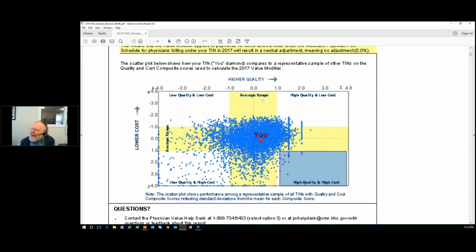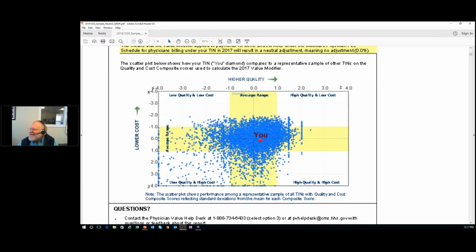Then remembering that quality tiering is pass-fail on two parameters. It's pass-fail on quality, it's pass-fail on cost, and your ultimate adjustment on the two factors is the addition of the two. In this case, looks like we're in the plus or minus 4%, so it's 2% each on quality and cost.